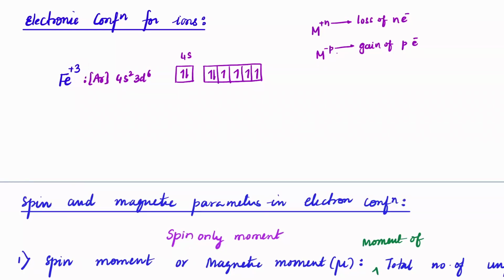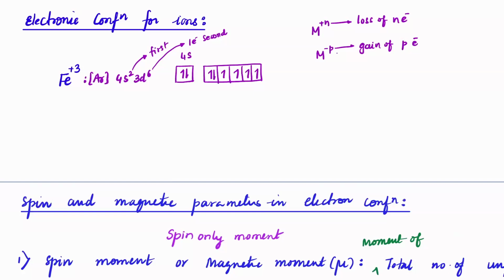Electrons will always be removed most easily from the outermost orbit. Up to argon we have 3p6. Then 3 is an inner orbit and 4 is an outer orbit, so from the outer orbit you have to remove them first. You will remove these two first, and then you will remove 1 electron here second. That will be the next electron you have to remove.